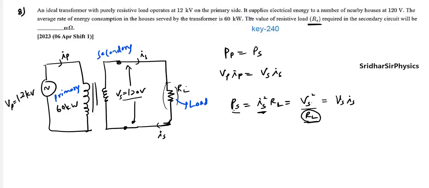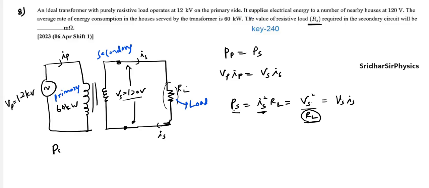So which formula to be used? If you use this one, then we don't know IS. Again you have to calculate first IP, then IS, then this one. Lengthy, no? I think this formula will be more suitable. Let me use that one.